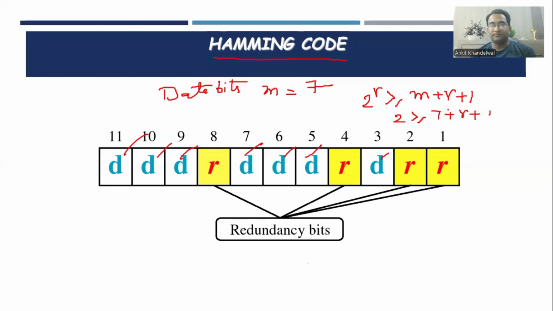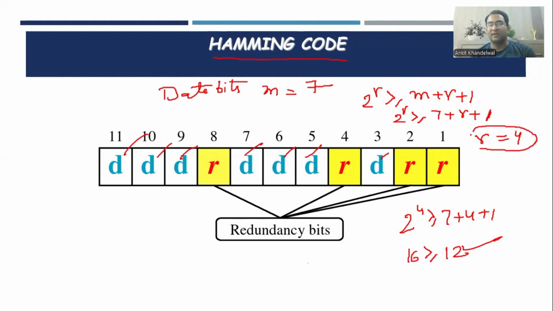To prove this validity, we take R equals 4. So 2 to the power 4 should be greater than or equal to 7 plus 4 plus 1, that is 16 greater than or equal to 12. So the inequality is valid, and the total redundancy bits equal 4.